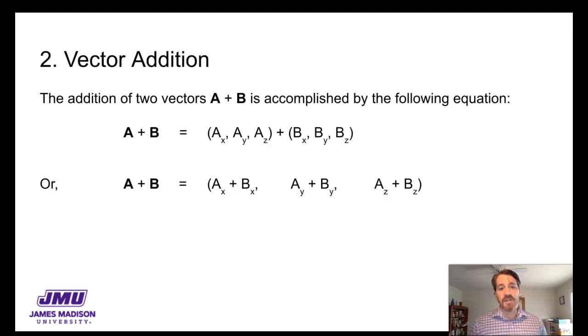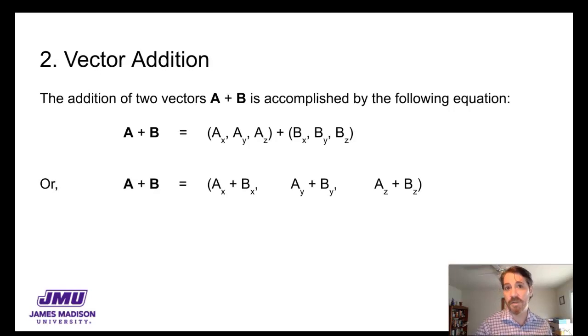The second thing I'd like to get into is how to add vectors. There's a mathematical way and a visual way, and they have to mean the same thing, of course. Adding two vectors together mathematically means adding together their x components, and then their y components, and then their z components, keeping in mind that vectors can have negative components.